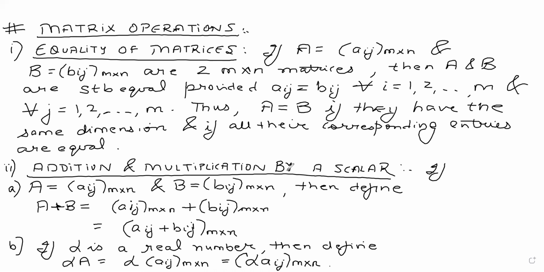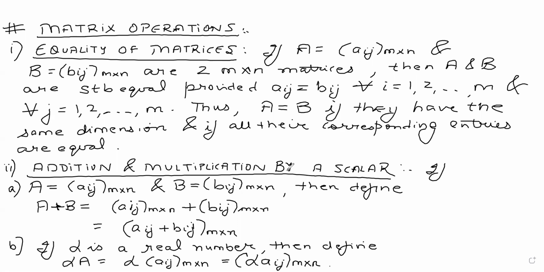So if we have two matrices A and B of the order m by n, then addition of two matrices is nothing but addition of their corresponding entries. Again, guys, you can add two matrices only if they have the same dimension. If two matrices do not have the same dimension, you cannot add them.